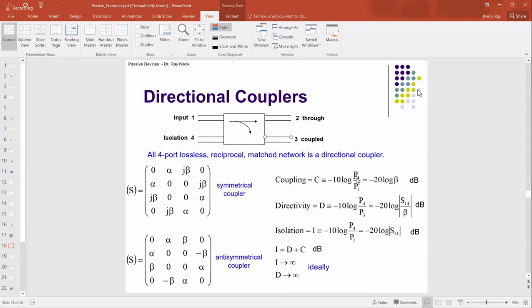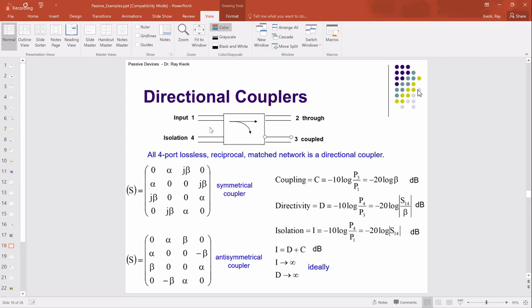So the coupling, this is how we define it, is how much power goes to port 3 coming from port 1, in log scale. The directivity is 4 to 3. That means I'm not supposed to get any power from 4 to 3, or it should be very small. It's supposed to be isolated.